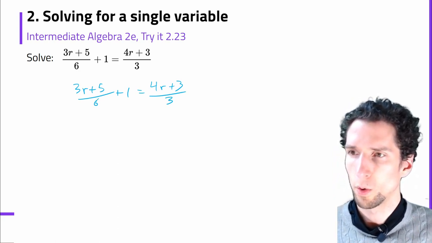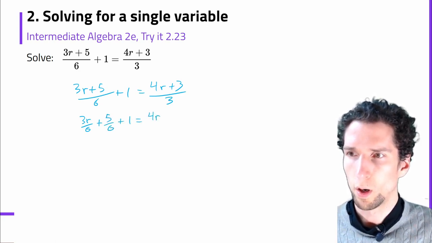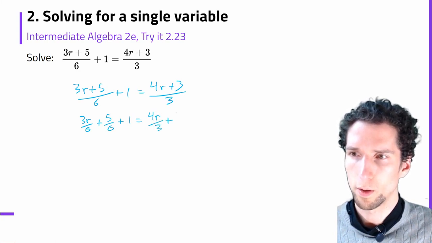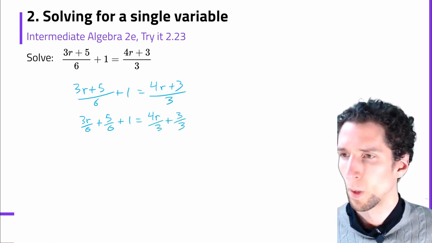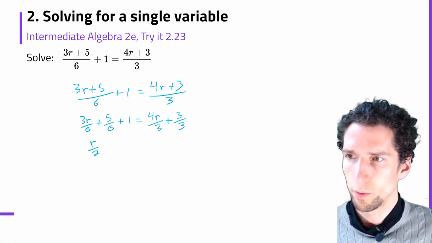Okay, so I'll split this up: 3r over 6 plus 5 over 6 plus 1 equals 4r over 3 plus 3 over 3. All right, if we simplify this, then that's r over 2 plus 5 over 6 plus 1 equals 4 over 3r.